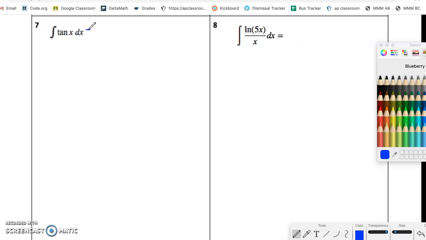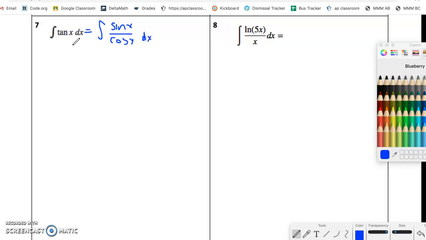x, this is the same thing as saying the antiderivative of, we're going to rewrite this as sine x over cos x, so cosine x dx.